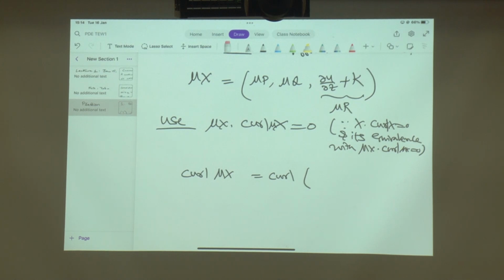I have written it on the top, so I'll continue. Mu p, mu q, dou v by dou z plus k, that is mu x. Mu p is dou v by dou x, mu q is dou v by dou y, and this is dou v by dou z plus k.